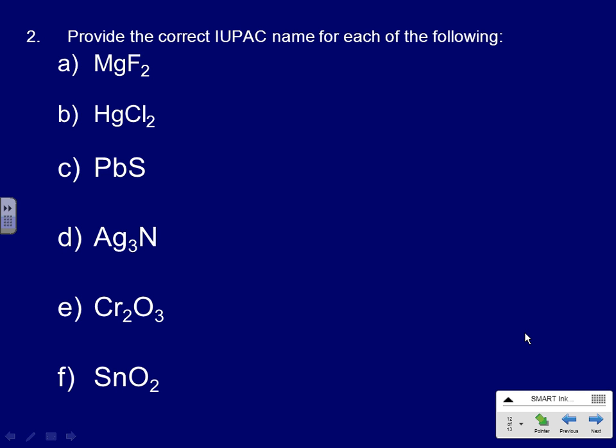This group, no. Same with even group 3 on the other side. These guys in the middle, probably. Zinc doesn't, and cadmium doesn't, and silver doesn't. These are the only ones here, right here in this little corner. I think they're the only ones that we deal with. The rest of the transition metals have to have Roman numerals.